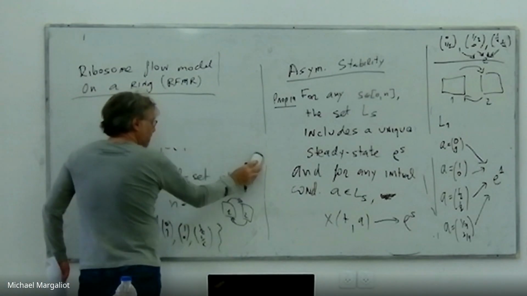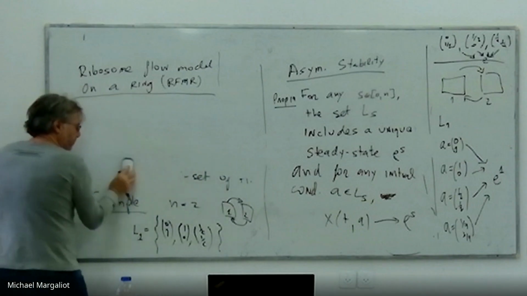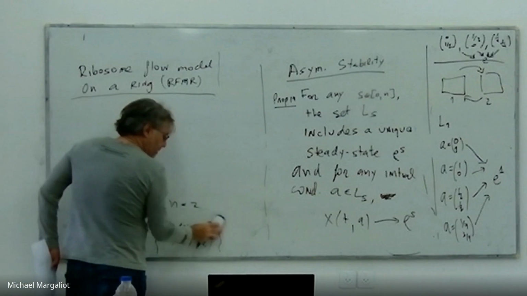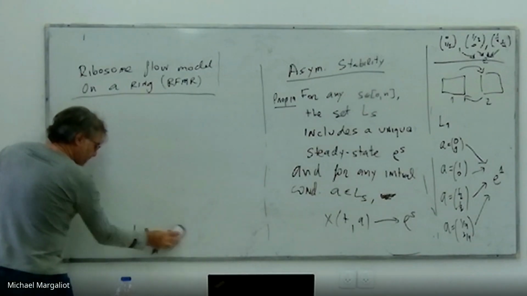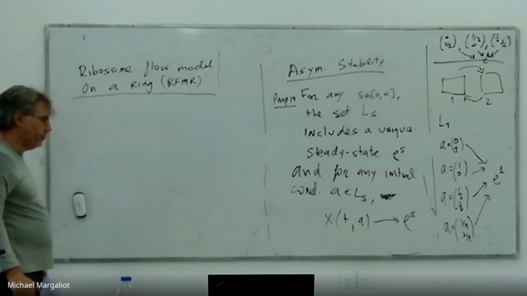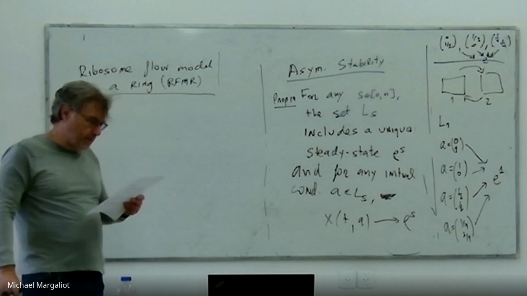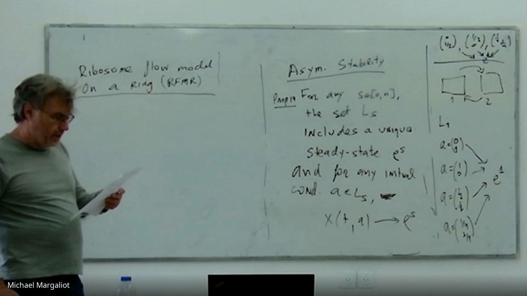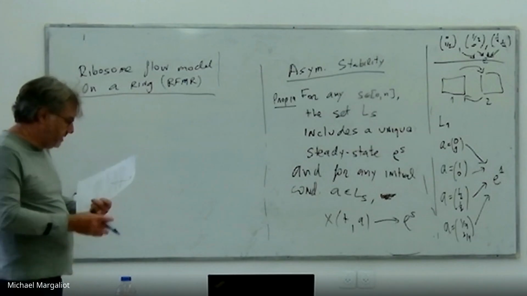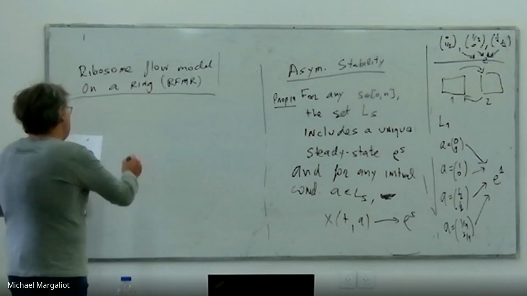And now I would like to say something about the equilibrium. Actually, just like we got for the RFM, we can get a spectral representation for this steady state, but here we need to be a little bit more careful. So let's try to see what the equilibrium point looks like.